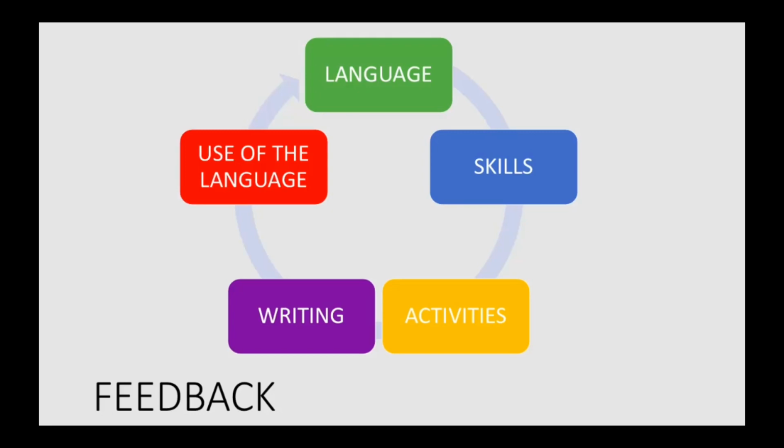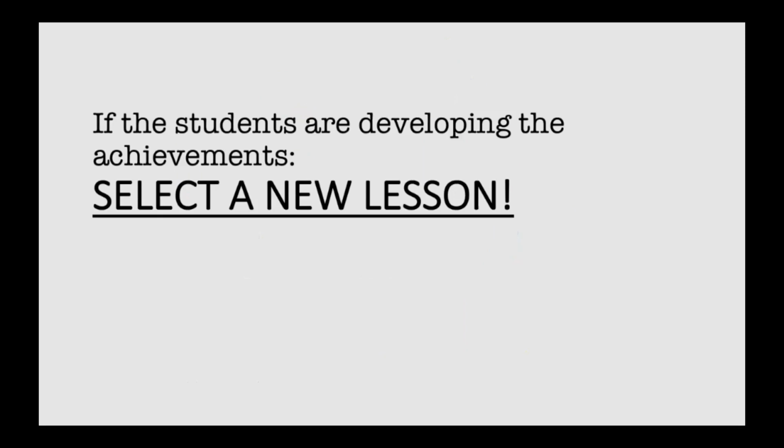And the use of the language, when it's proper: how to use please, excuse me, thank you, pay attention, etc. That's the real purpose, not only of this platform, but of your job as a teacher, that at the end the children use the language as a means of communication. If your students are developing the achievements, select a new lesson.